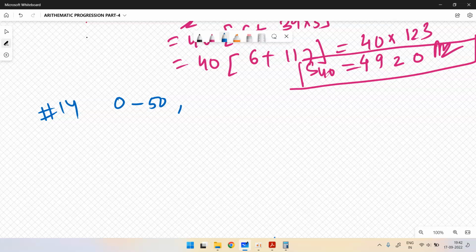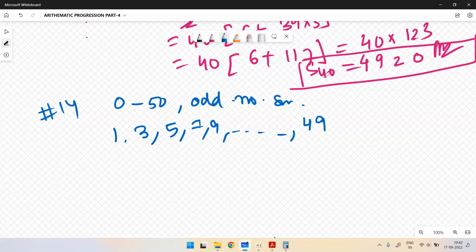The first odd number is 1, then 3, 5, 7, 9, up till 50. If you look at this series, the common difference is 2: 3 minus 1 is 2, 5 minus 3 is 2, 7 minus 5 is 2. So this forms an AP, an arithmetic progression.